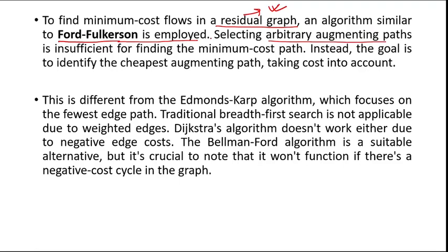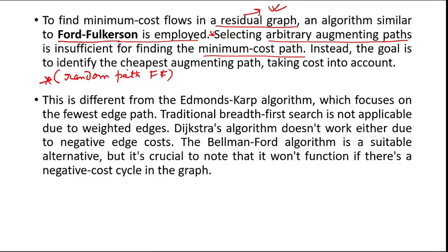In the case of Ford-Fulkerson, we select arbitrary augmenting paths, which is insufficient for finding the minimum cost path. So this is a drawback for Ford-Fulkerson, because if you choose a random path, you may end up getting the costliest path.